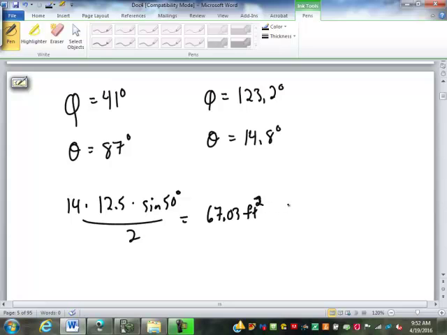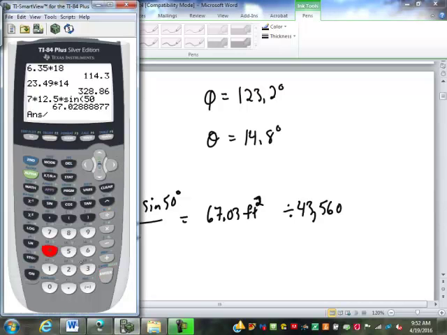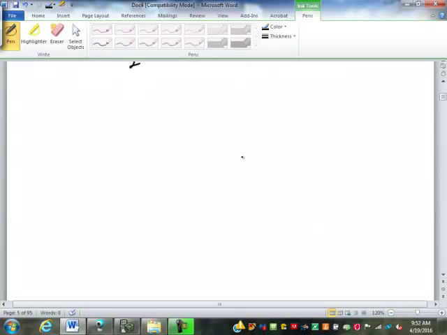How do I convert that into acres? Divide by 43,560. Gives us 0.0015 acres. How many of you had that one all right? Mostly. Any questions on that one? Number 4. For number 4, x is 18.2 feet.